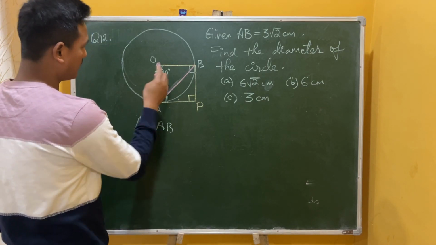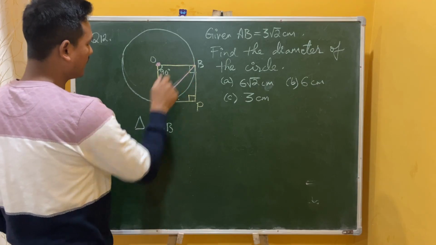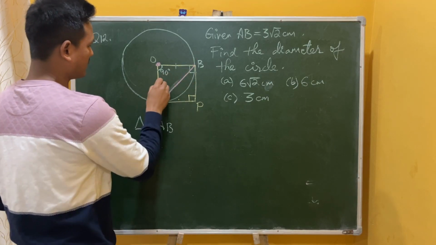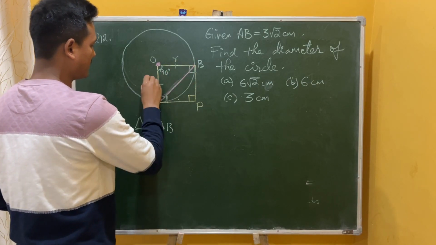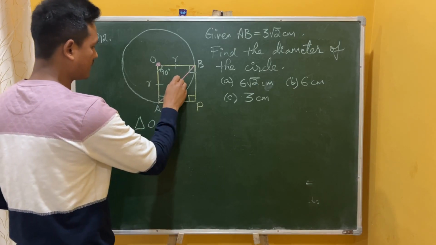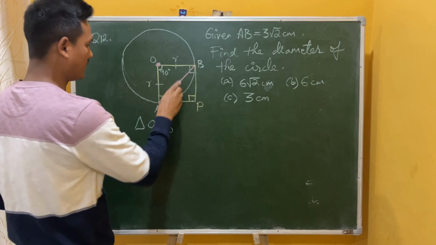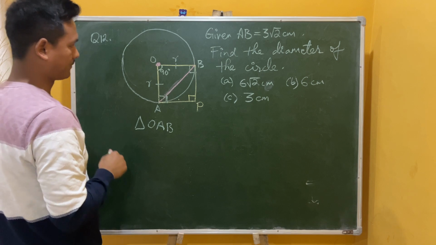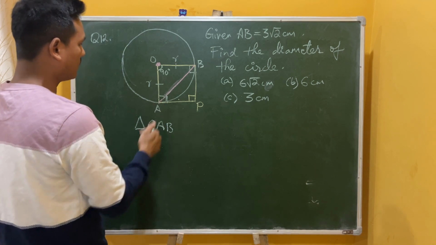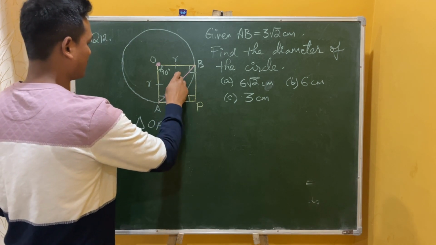Let's consider OAB, and this is your radius. This is also a radius, and this is the hypotenuse.